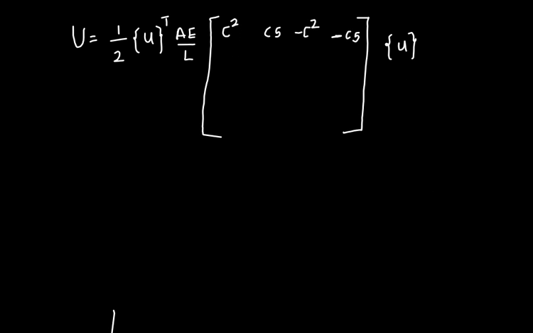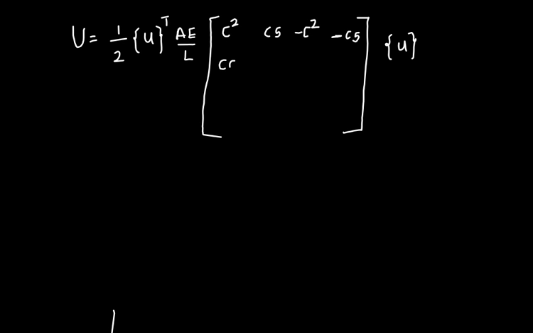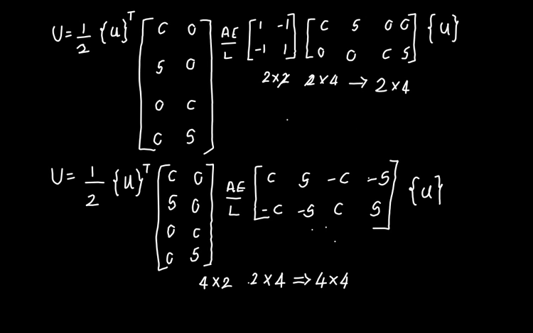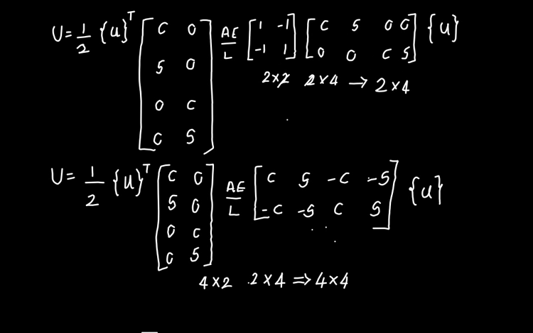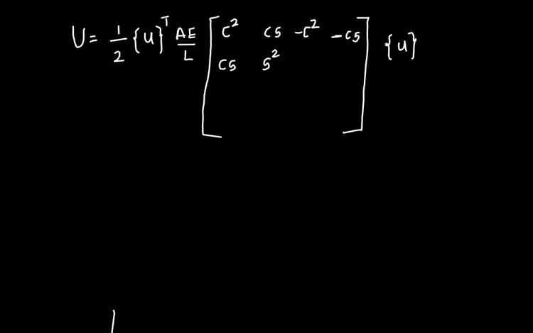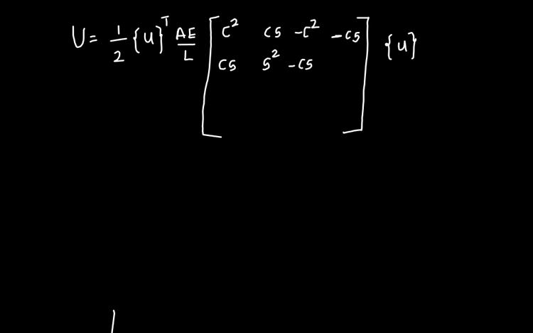Now second row into the first column, it's CS. Second row into second column, it's going to be S square. Second row into third column, it's going to be minus CS. Second row into fourth column, it's again going to be minus S square.